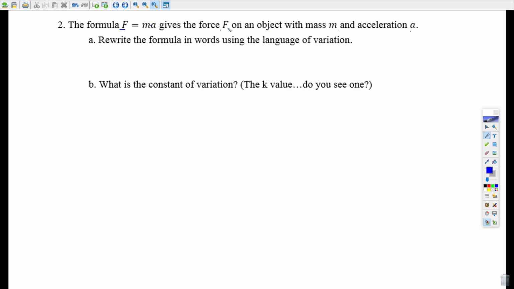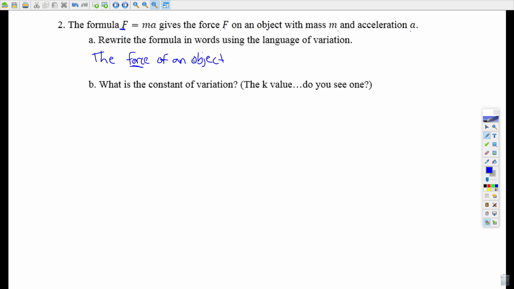So what does the F stand for? The force F on an object. So we can say the force of an object. So that's the F letter.